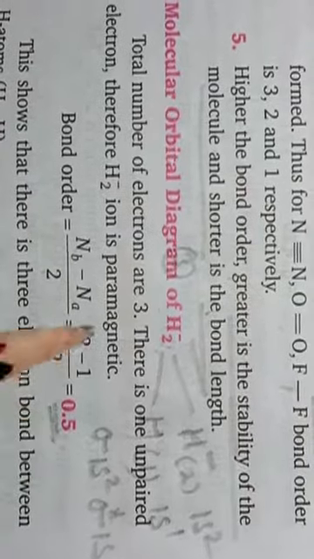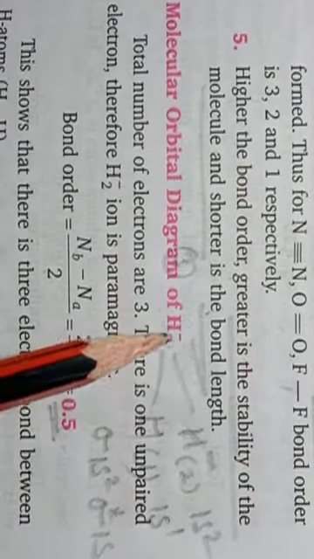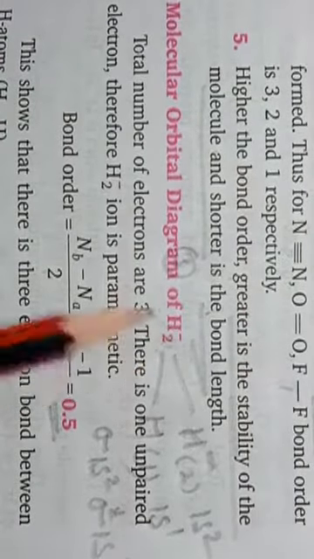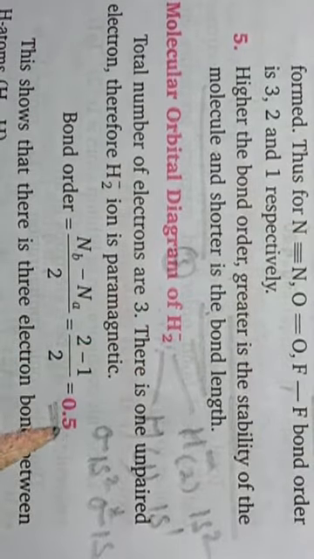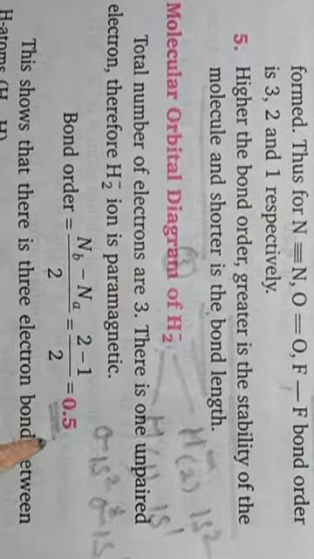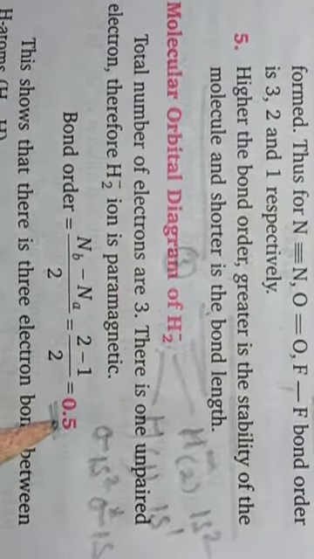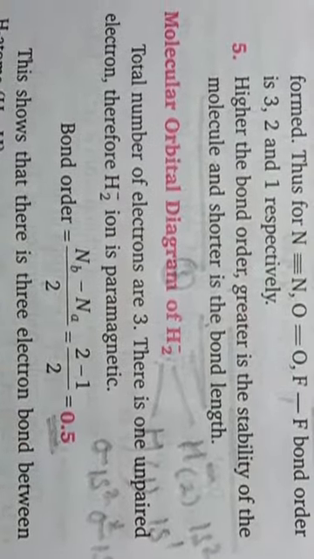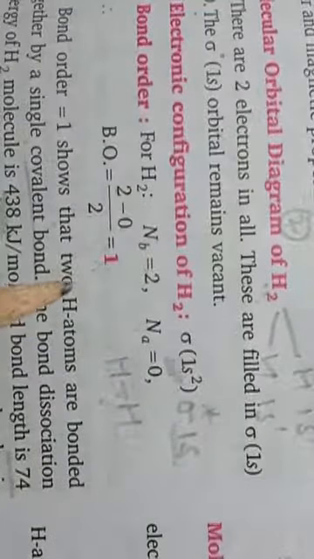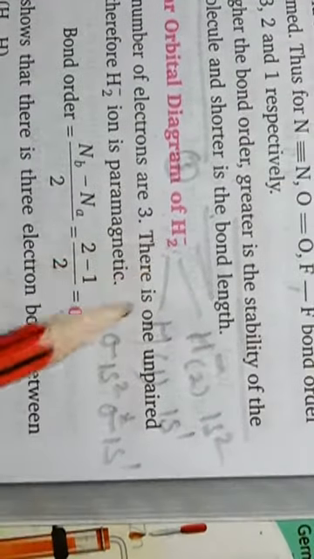It means this H2 minus has half covalent bond character. On the basis of this bond order value, as you have seen, the H2 molecule has bond order 1 and here H2 minus has half bond order.